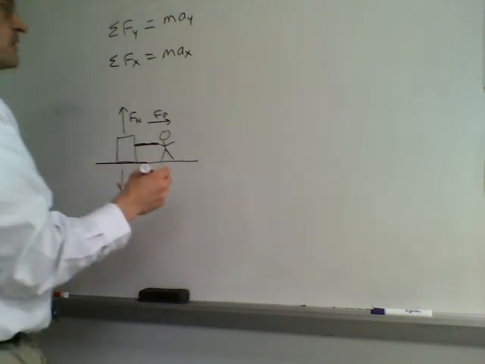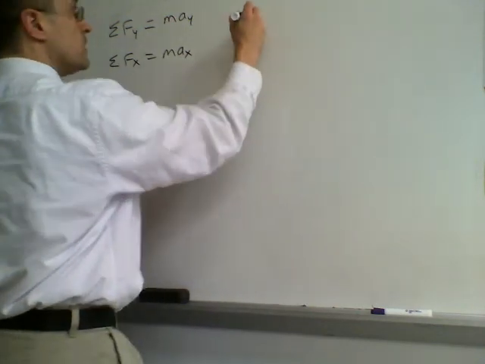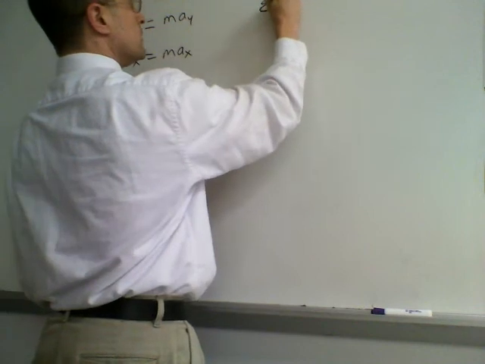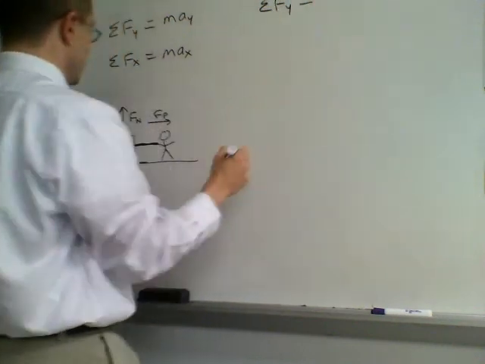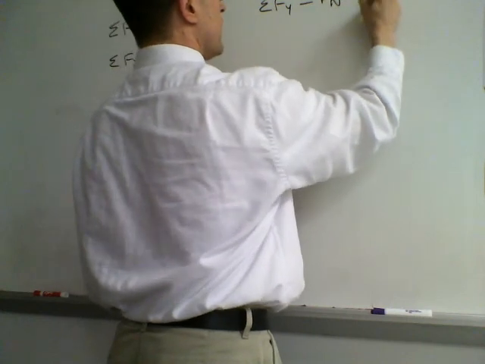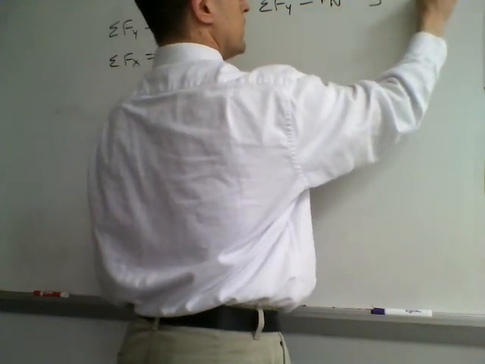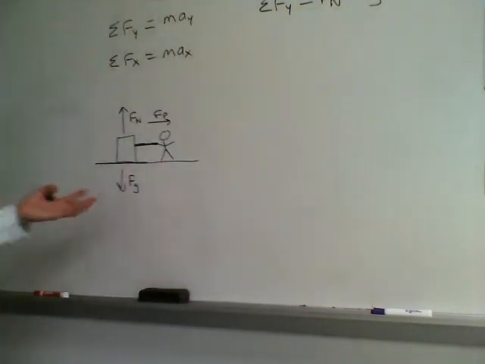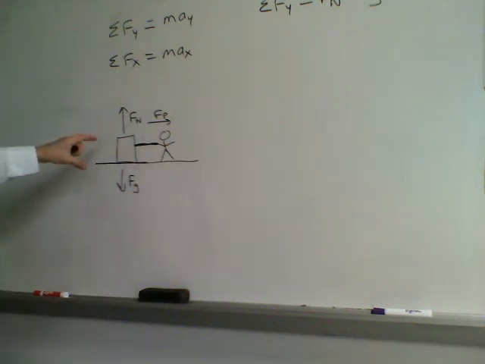So let's sum the forces in the y first. The sum of the forces in the y is the normal force, Fn, minus the force of gravity, and that has to equal may. When we want to know the acceleration in the y, we say to ourselves, well, the crate isn't burrowing into the ground, nor is it flying away up into space.